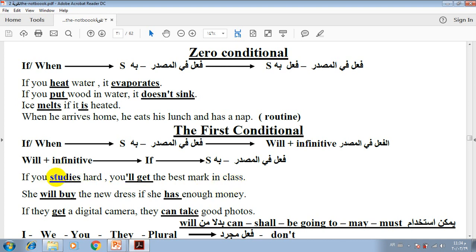Here we use the verb study in present, and here we use the future will plus infinitive. But please, my dear students, here delete ies from studies, because the subject here is you and must be followed by the infinitive without any additions. Delete ies and put the letter y.